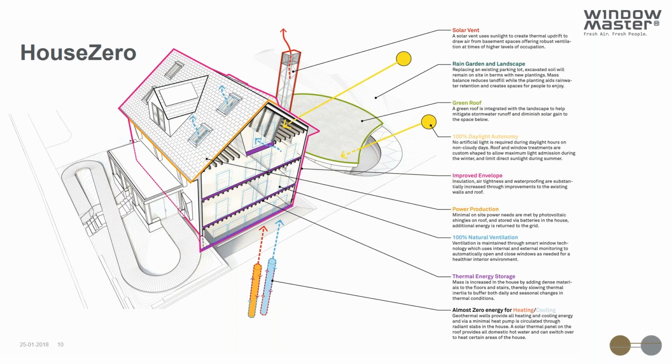It will also have geothermal wells, which can provide us with radiant heating and cooling systems, which will be combined with the 100% natural ventilation. And then the building will have a sophisticated envelope with materials that can adapt to the seasonal changes.